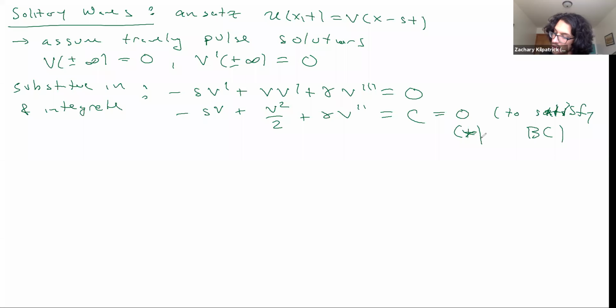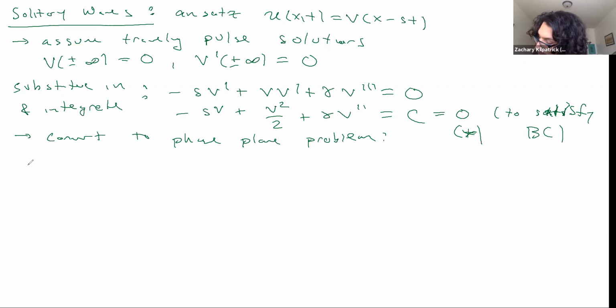And the approach now is to convert this to a phase plane problem, back from your ODE class, okay? So you can rearrange things, right? We can write this as V double prime is equal to what?